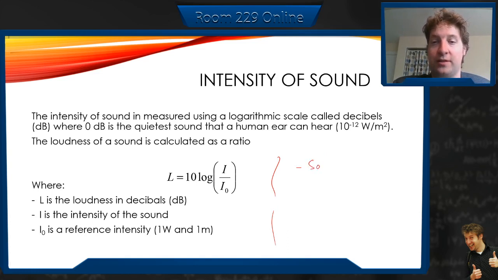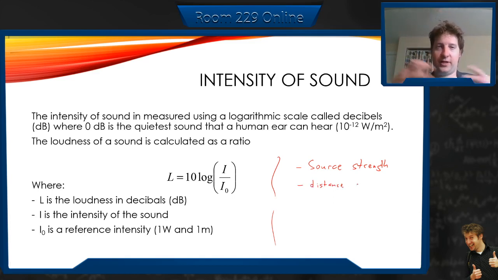The first is the source strength. If I increase the volume on my speakers, or if I play my trumpet louder, you get a louder sound. The other one is distance, because sound emanates outwards. The farther it goes, the larger the area the sound wave has to cover, and it decreases.